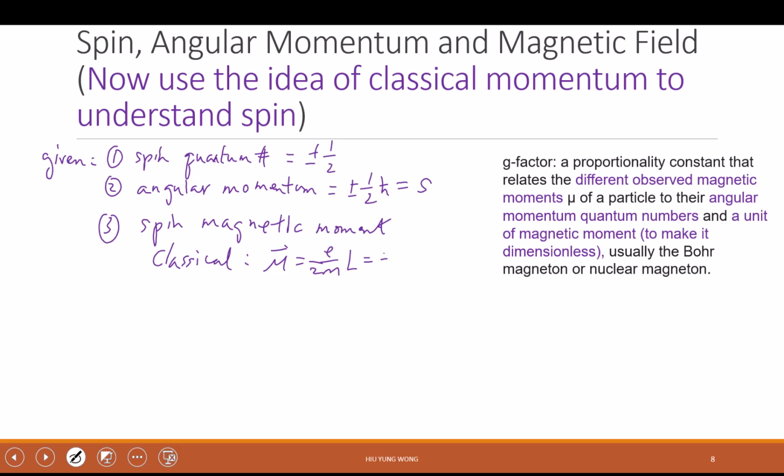I should get plus or minus e divided by 2m times one half h bar, right? Because the L is here, so now L becomes S, plus or minus h bar over 2. But this is wrong.